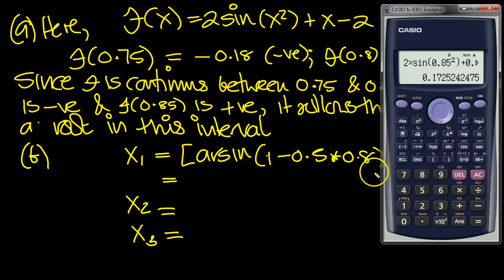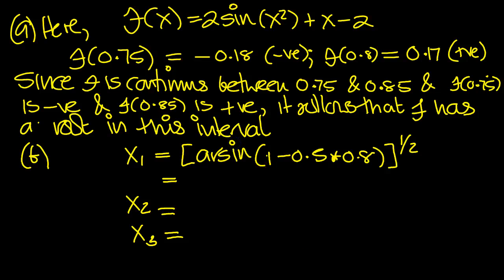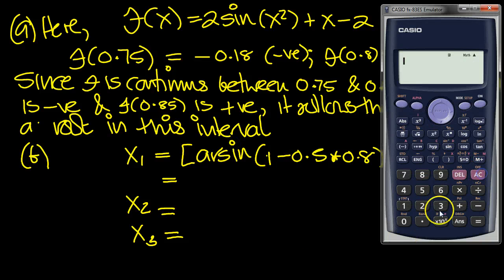Okay, so the first value is 0.8. I'm going to type in 0.8 and press equals, and that's now stored as the answer. Now I do a bracket, shift sine, 1 minus 0.5 times the answer, which was 0.8, close the sine bracket, close the bracket at the beginning, and the power half, which is 0.5.